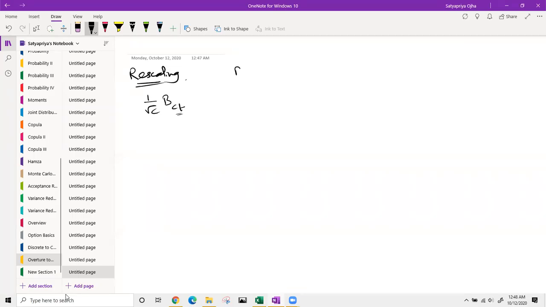We know this. If this is true, then what is B of c times t? B of c times t would be normally distributed with mean 0 and variance c times t, because this becomes your new t.